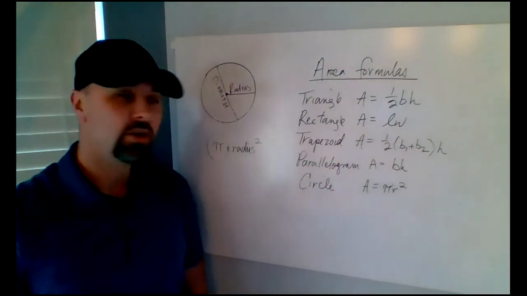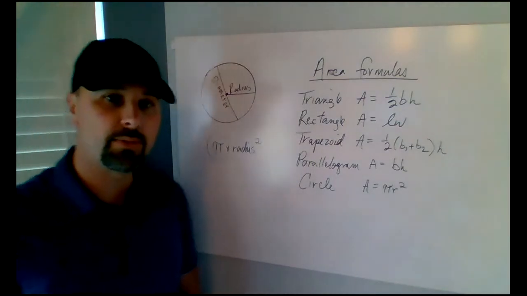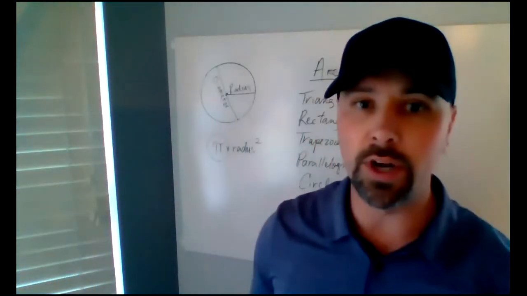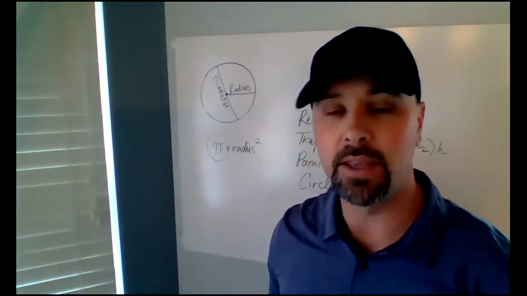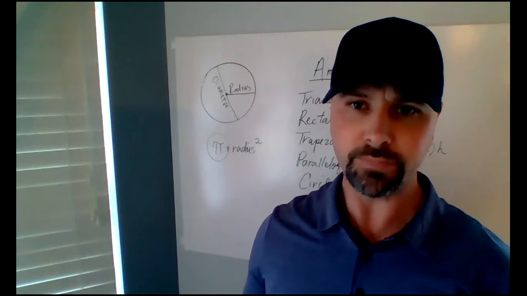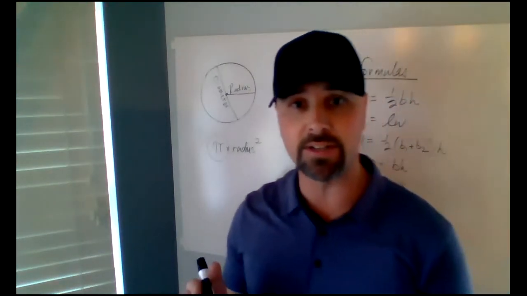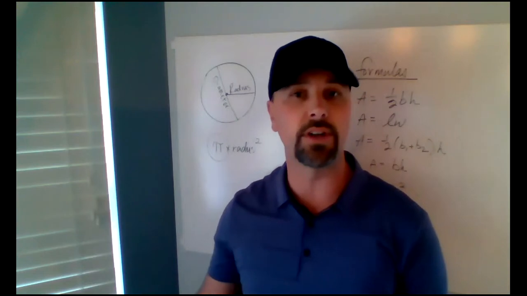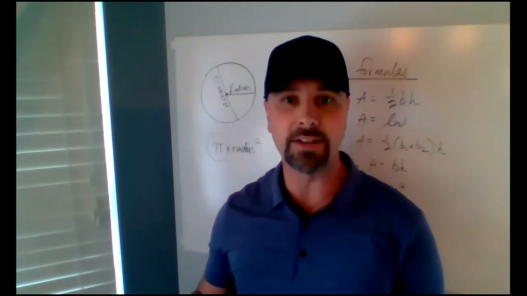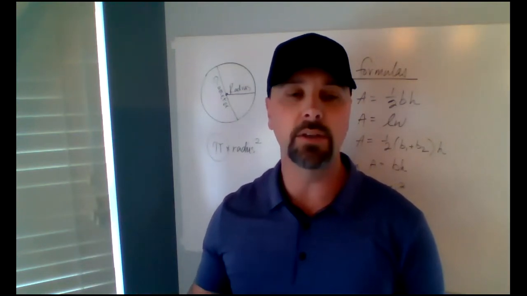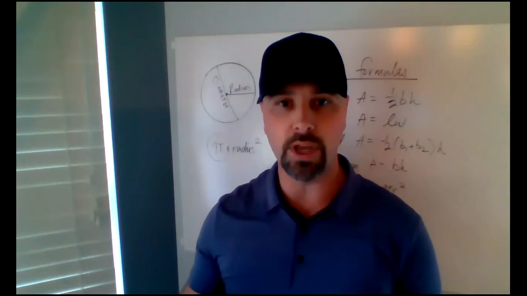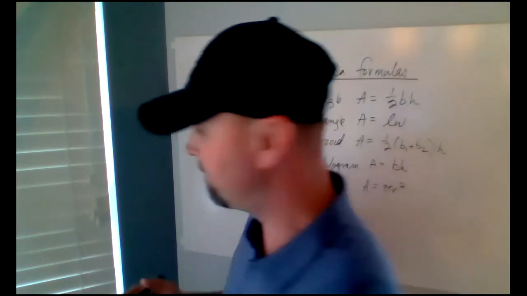Now, you've probably heard of pi before. It maybe has been a little while. So pi is a number. Okay, now it's an approximate number because it's a number that actually never ends, continues forever, and never repeats itself. But generally speaking, we use 3.14 for pi.